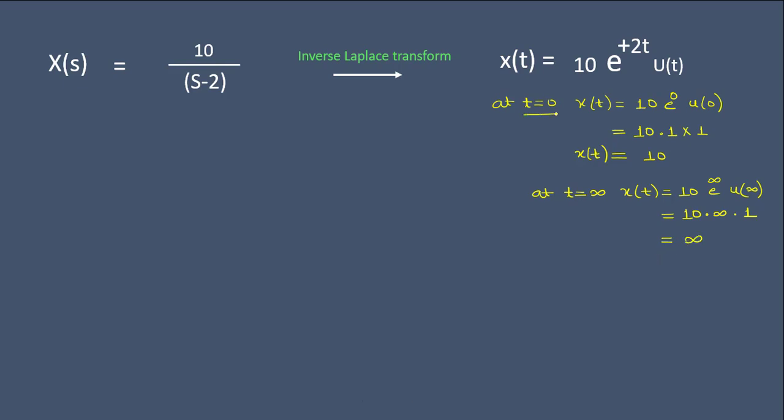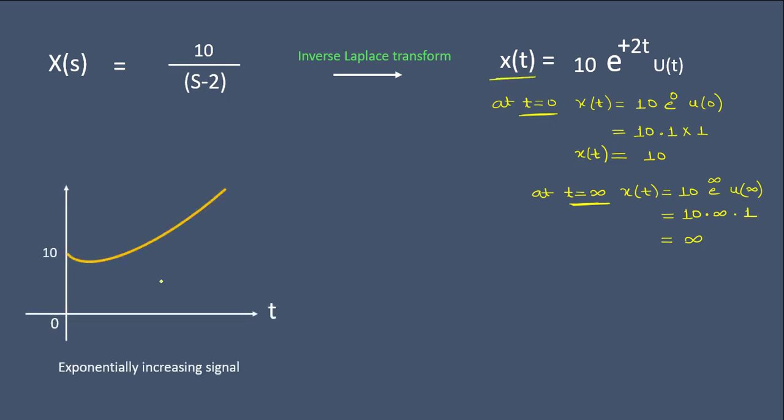Now since I have the two points at t equals 0 and t equals infinity, I can plot the signal x of t. So x of t will be an exponentially increasing signal. The value of x of t at t equals 0 is 10, and as the time t increases, the value also increases, and at t equals infinity, it will reach infinity.